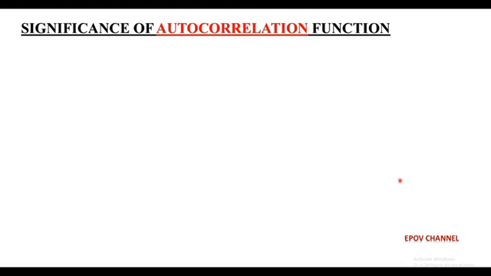After this, we move to the significance of autocorrelation function, that is denoted by capital R function tau. Basically, autocorrelation describes the interdependency of two random variables. So let us consider a random process x function t at initial time t.